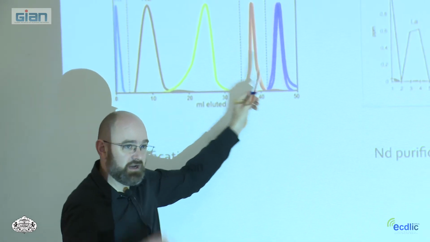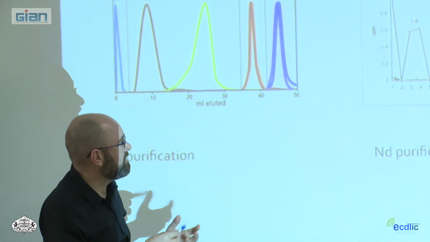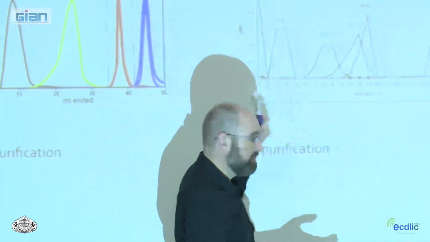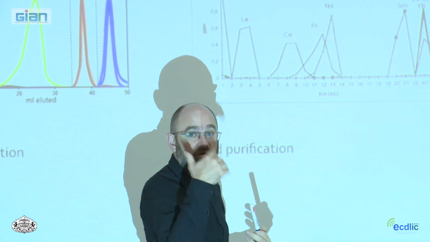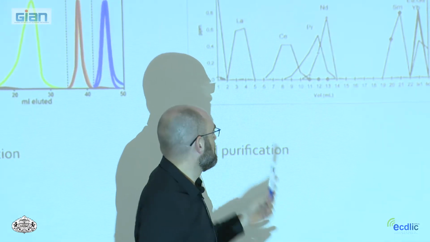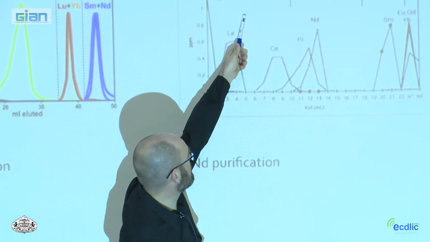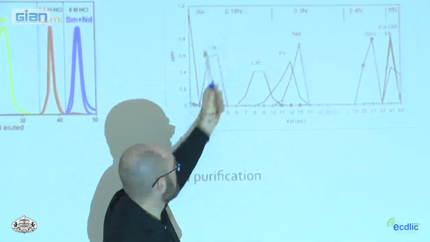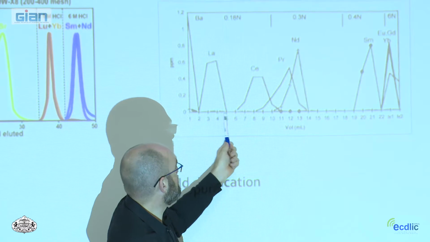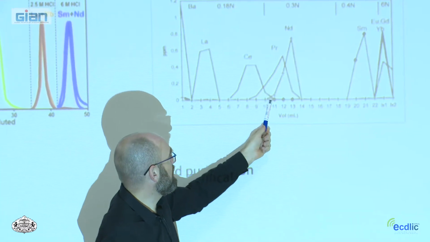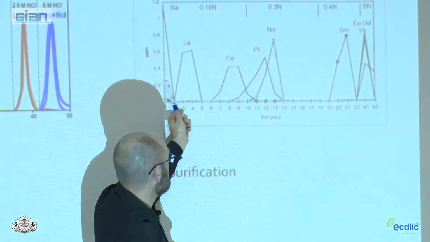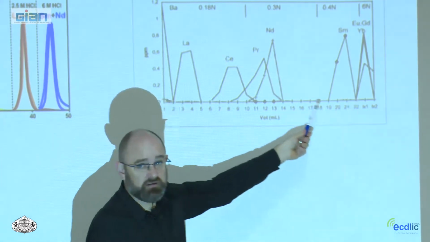This one, I dry it and I will use it in another type of chemistry, another type of resin, in another type of column, the same day or the day after. And normally you have to dry it. And I use another type of acid, less concentrated. And again, I play with the volume, and at a moment the neodymium will fall out, and the other rare earth elements will be away.